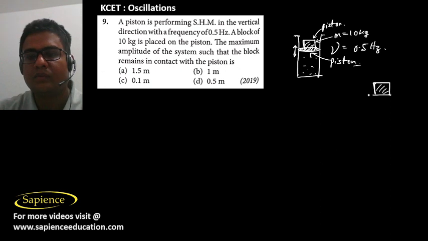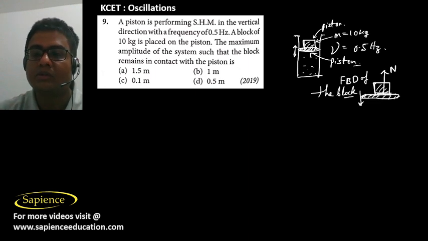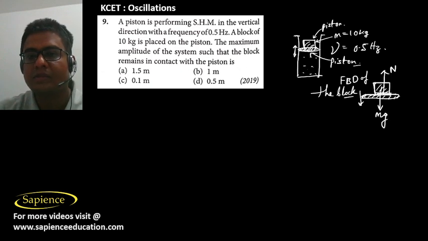We know that when the piston accelerates downwards, the normal reaction on the block will decrease. If we draw the free body diagram of the block, the normal reaction which the piston exerts on the block will be vertically upwards, and the weight mg of the block will be downwards.